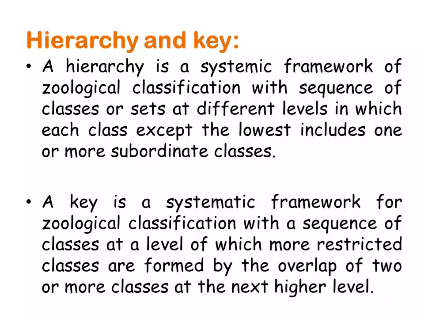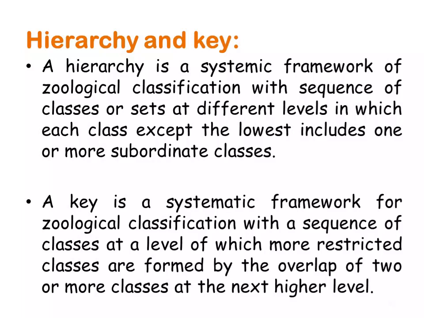In principle, these two frameworks are quite distinct and are sharply distinguished by the fact that in a hierarchy, each class belongs to a single class at the next higher level, while in a key, each class belongs to two or more classes at the next higher level.